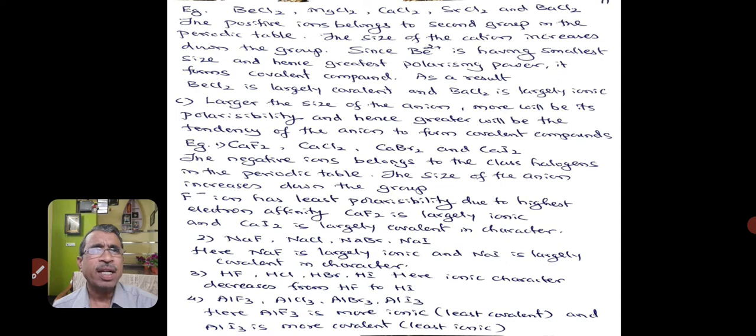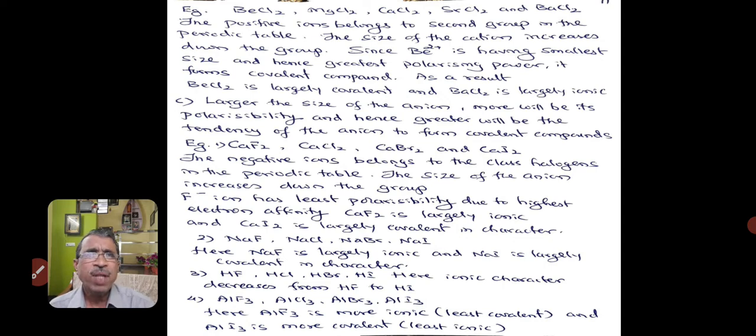The size of the cation increases down the group. Since beryllium is having smallest size and hence having great polarizing power, therefore it forms covalent compound. As a result, beryllium chloride is largely covalent and barium chloride is largely ionic in nature.